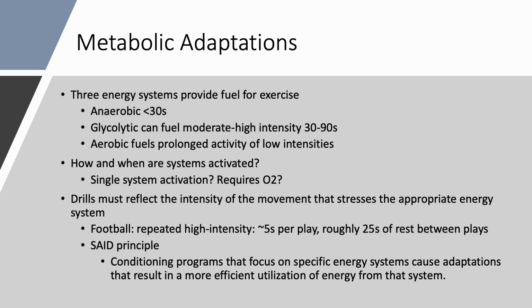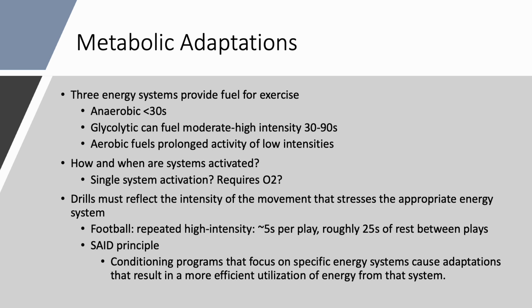How and when are systems activated? All 3 energy systems are always activated regardless of the activity, but the mode of exercise and the intensity of the activity determines which energy system is dominant. So the first 2 energy systems do not require oxygen.